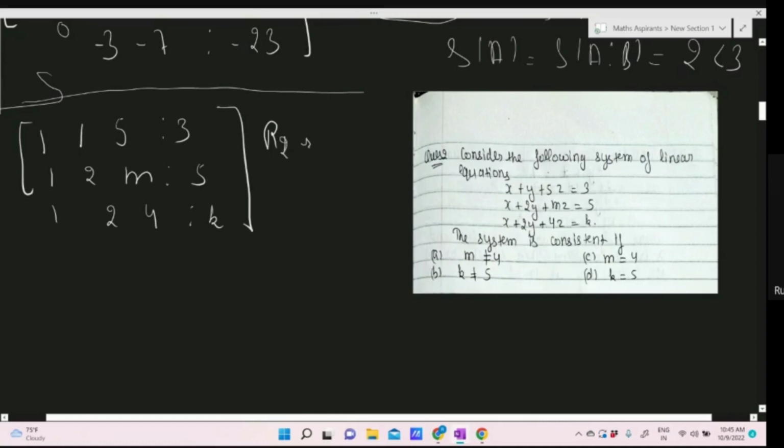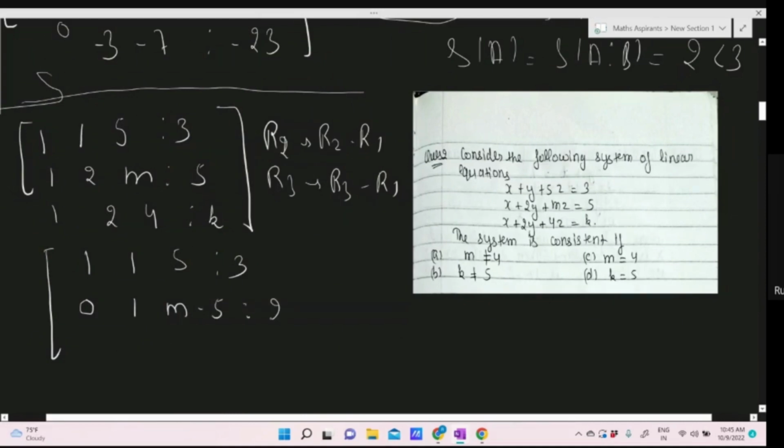Then what will we do? R2 to R2 minus R1 and R3 to R3 minus R1. We will get 1, 1, 5, 0, 1, M minus 5 and 2, 0, 1, minus 1, K minus 3. Then we will do R3 to R3 minus R2.